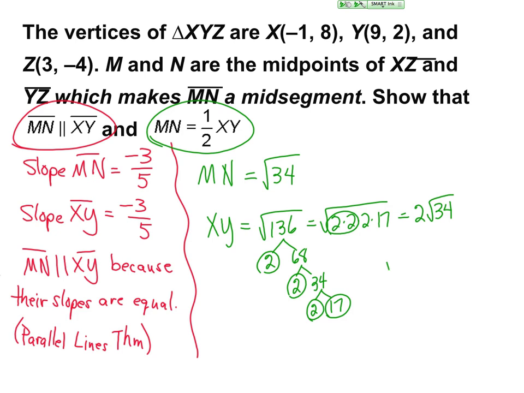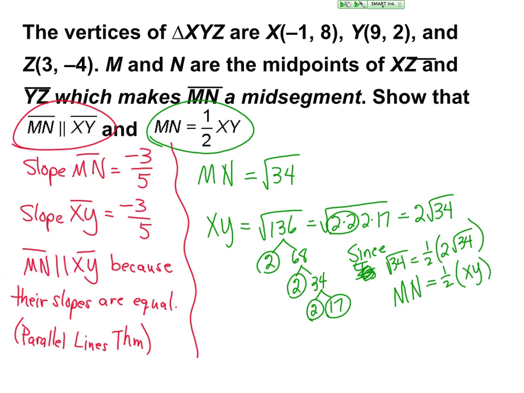So I'll ask you this, is the square root of 34 half of 2 square roots of 34? That makes sense that it's yes? So I'll change the word. Instead of is, I'll say since the square root of 34, MN, is half of 2 square roots of 34, XY, that's what we were trying to prove.